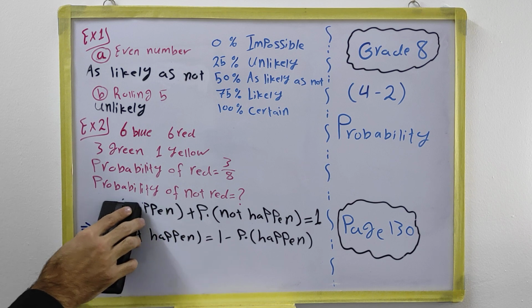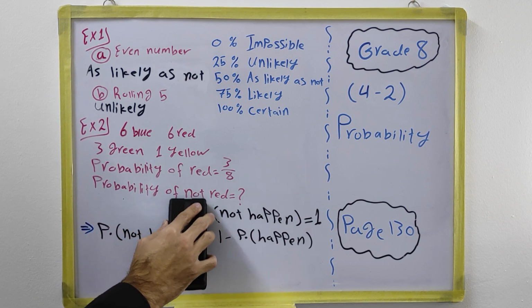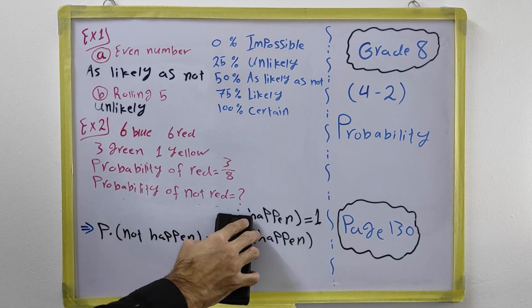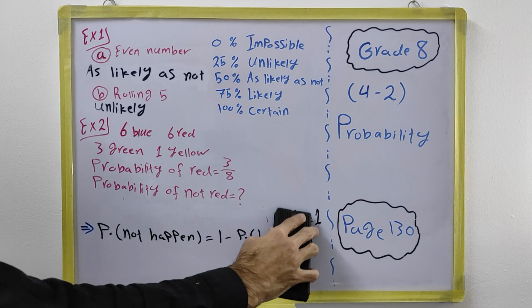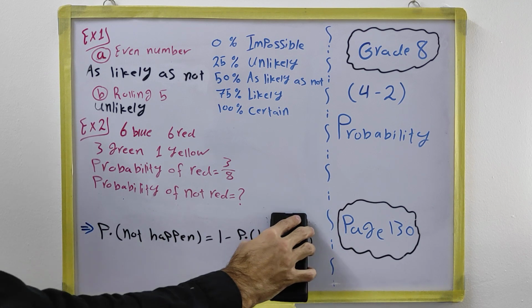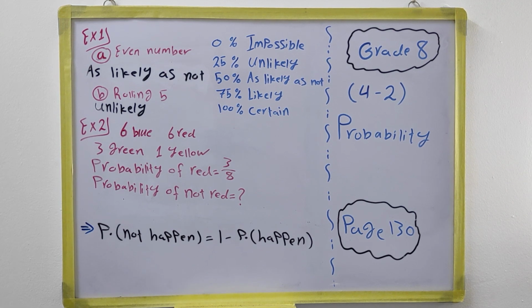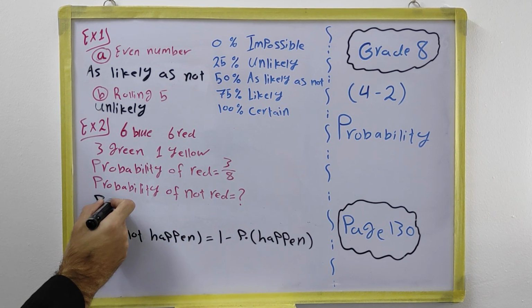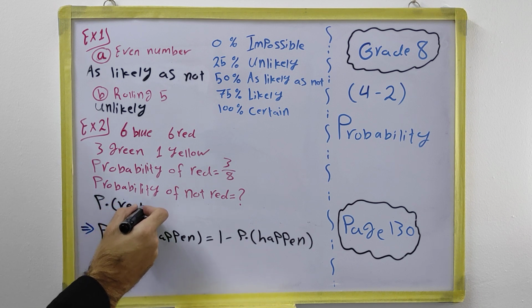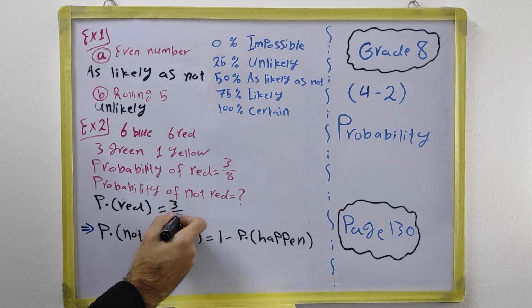To find the probability of not getting a red is 1 minus the probability to get red. We know the probability to get red is 3/8. It's given.